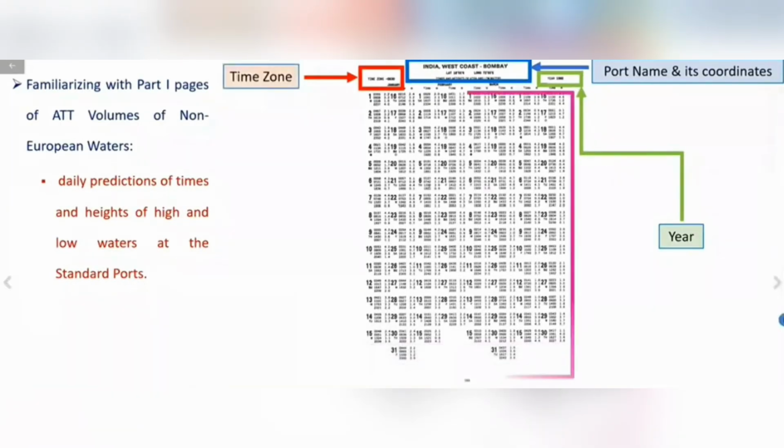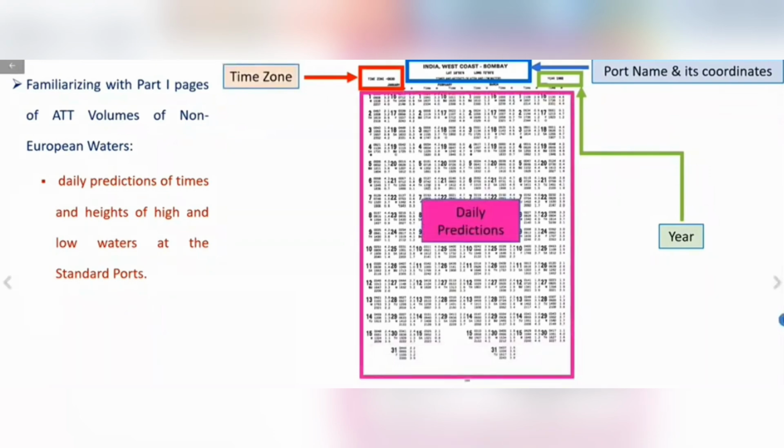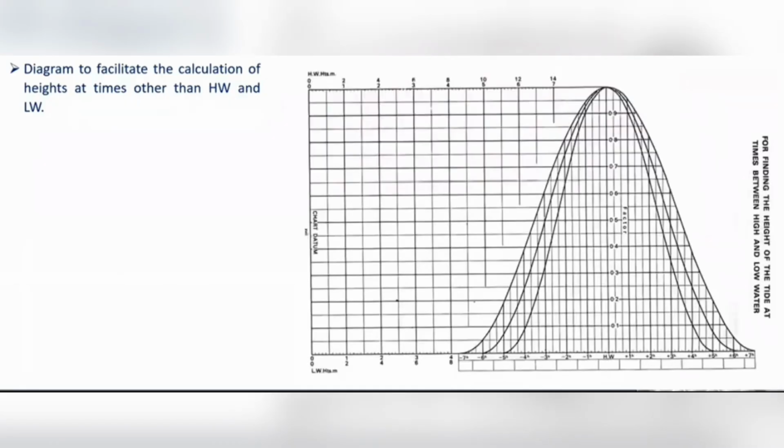And then we have this main body of the page, which contains the daily predictions. So this page is similar to what we also had in ATT Volume 1. We shall now familiarize ourselves with the diagram that shall facilitate calculation of heights of tide at times other than high water and low water. The diagram that shall be used for all ports of non-European waters is the one that is shown on the screen.